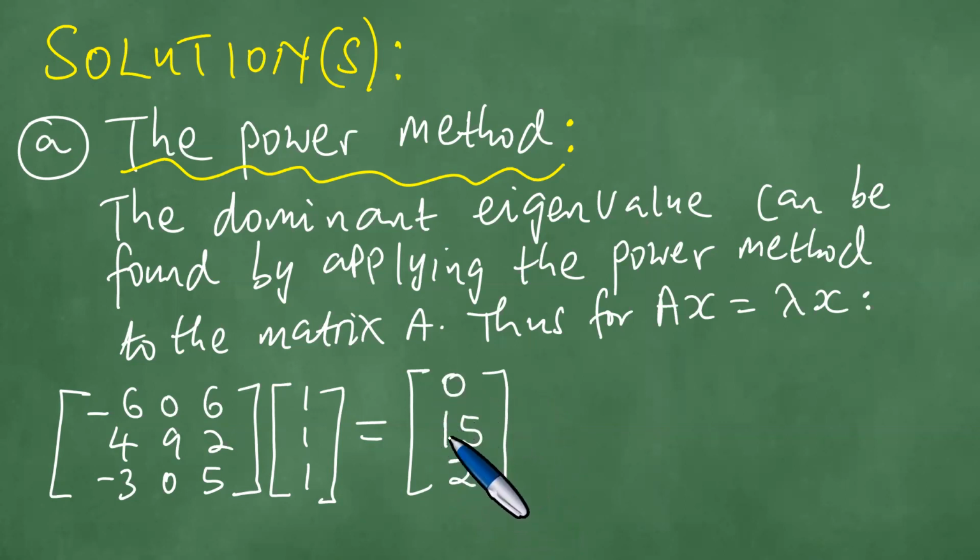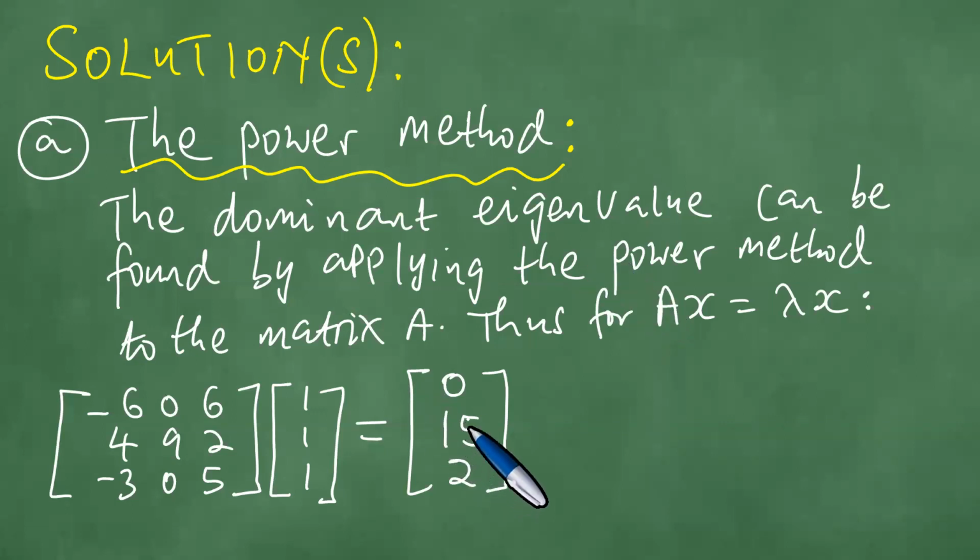Right, with this said, what do we then do? We perform comparison because we have a 0 entry here. And obviously we are dealing with the dominant eigenvalue.